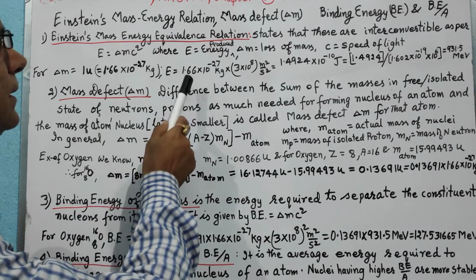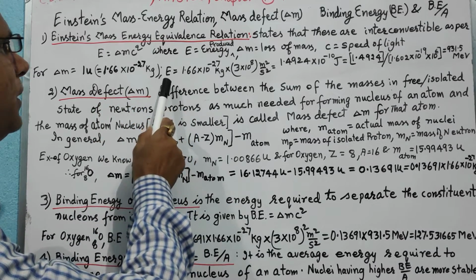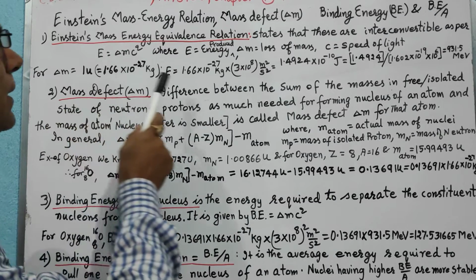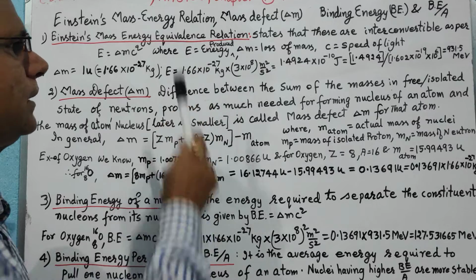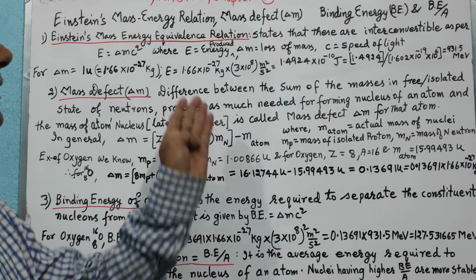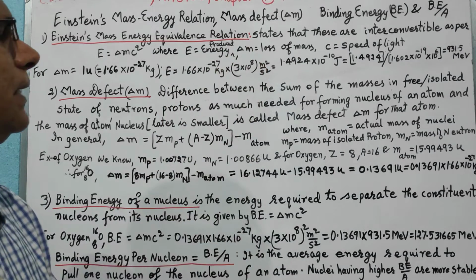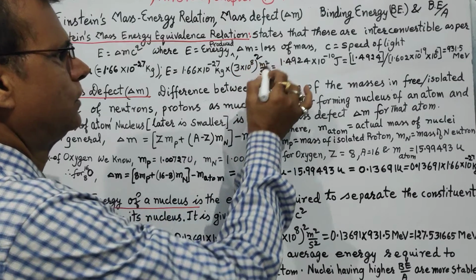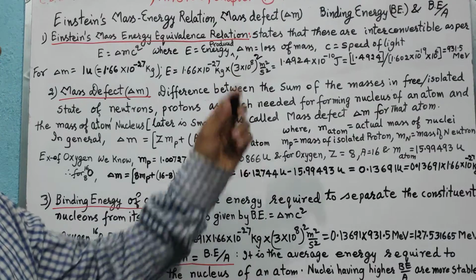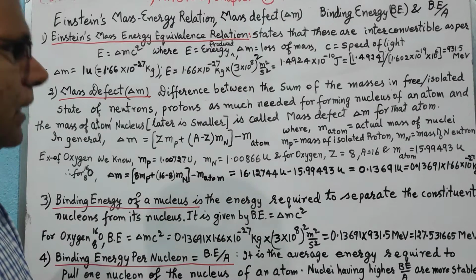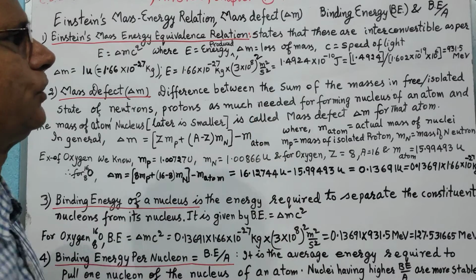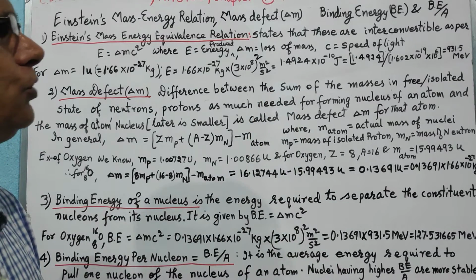The energy produced due to conversion of this much mass into energy is equal to 1.66 into 10 power minus 27 kg multiplied by 3 into 10 power 8 to the power 2, in meter square per second square, and that becomes equal to 1.4924 into 10 power minus 10 joules.